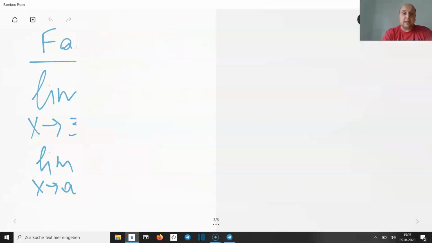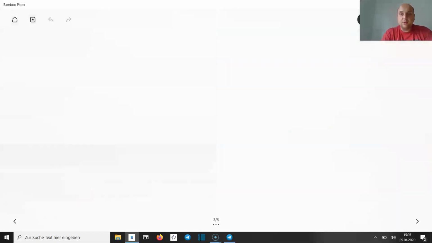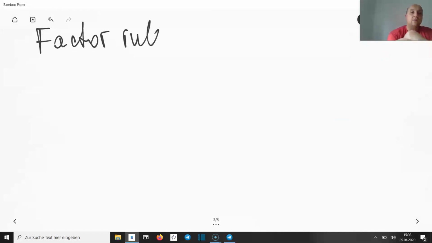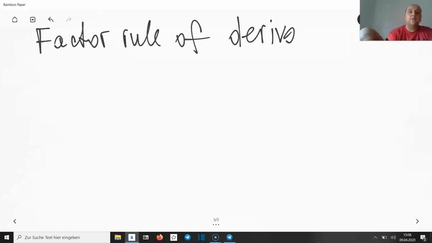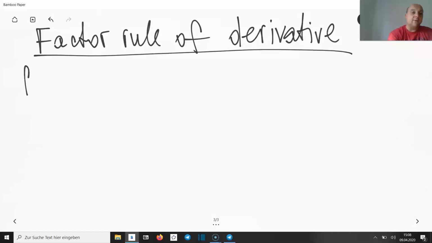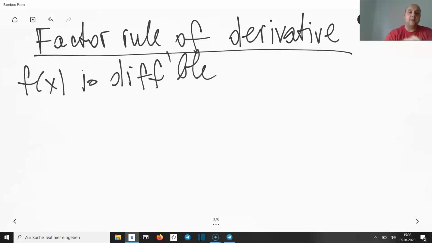And now we just immediately apply it to the factor rule of differentiation. Factor rule of derivative. So, what is the statement? Well, assuming f of x is a differentiable function, differentiable means we have the first principle, for example, or the x method is working properly.